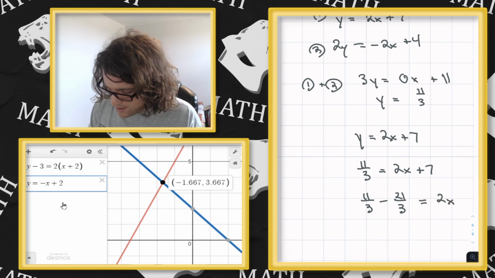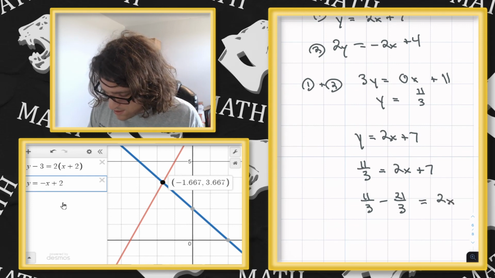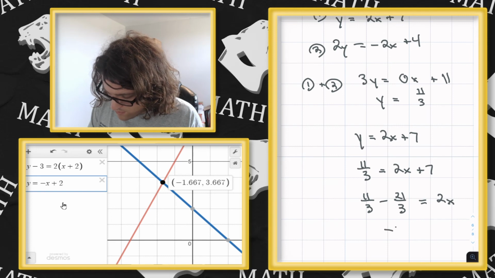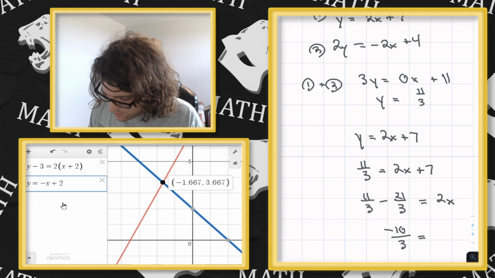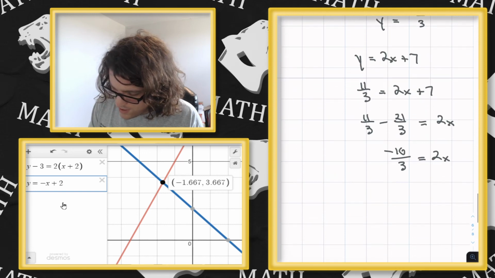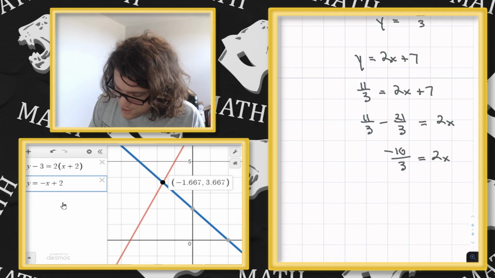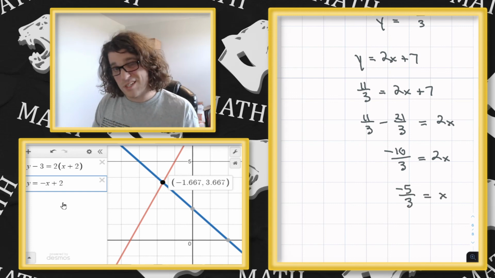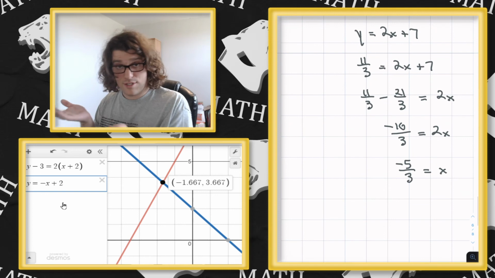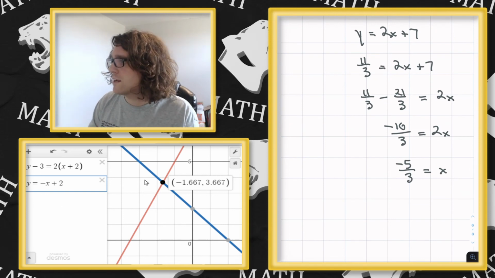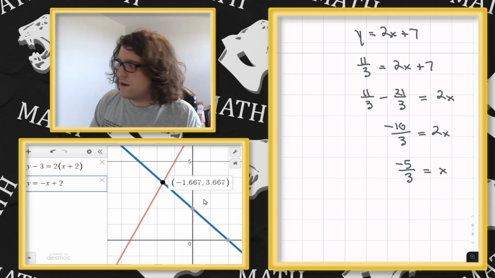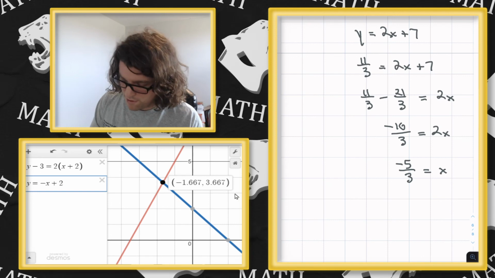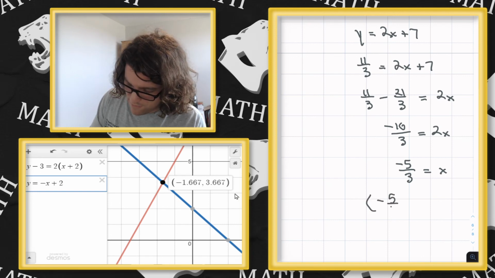So 11 minus 21 would be negative 10 over 3 is equal to 2x. Divide both sides by 2. The negative 10 divided by 2 gives me negative 5 thirds, which again is what we said we should get and is still sitting on the screen if we want to check it. So that's negative 5 thirds, and this one's 11 thirds. So our point would be negative 5 thirds, comma, 11 thirds.